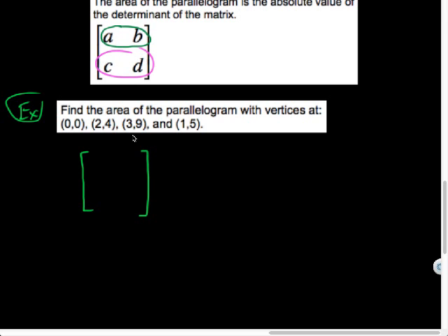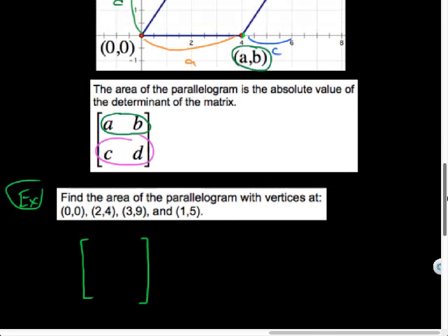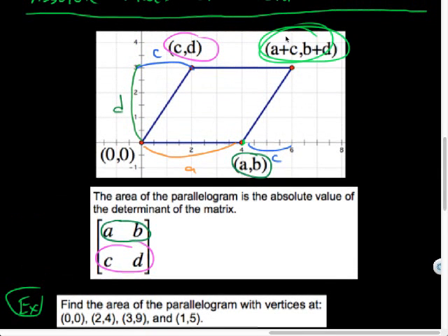And the way I realize this, well, I know A, B, C, D aren't going to be the 0, 0, right? So it's going to be two of those three, rather. And the trick is realizing that this third point, this x-coordinate was the sum of the other two x-coordinates, and this y-coordinate was the sum of the other two y-coordinates.